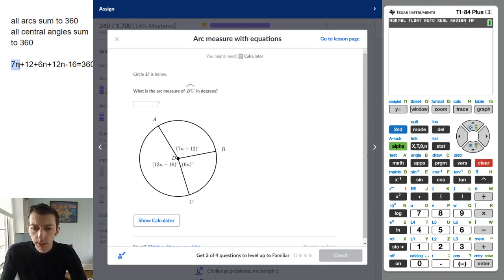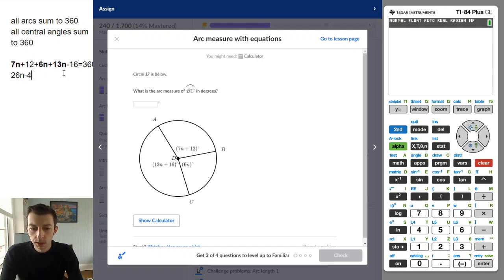If I combine my like terms here, I've got my 7n, my 6n, and my 13n. So let's combine those. 7, 6, 13, that's 26n. And also 12 minus 16.